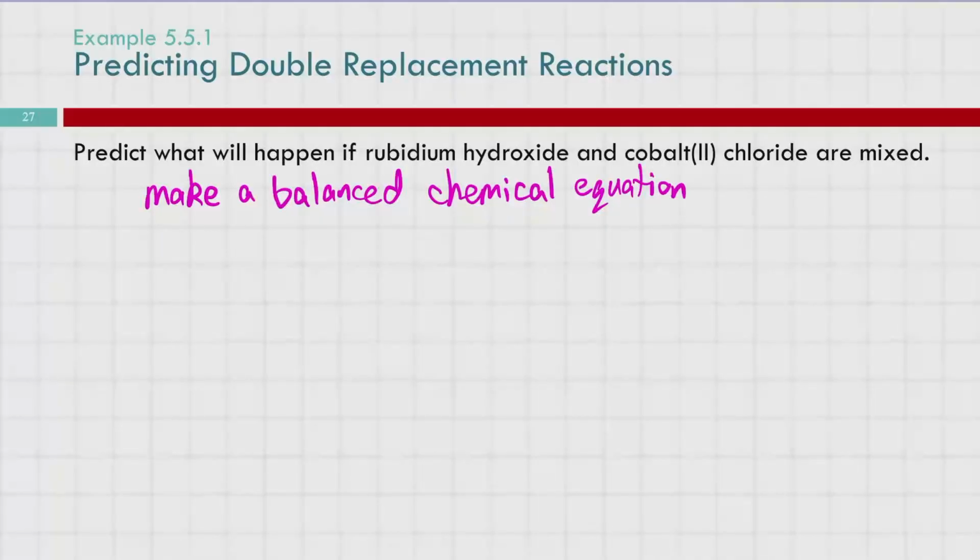All right, if we were having trouble launching the problem, for nomenclature reasons perhaps, rubidium hydroxide, rubidium is Rb, hydroxide is OH, rubidium's a 1 plus, hydroxide's a 1 minus, so it'd be RbOH.